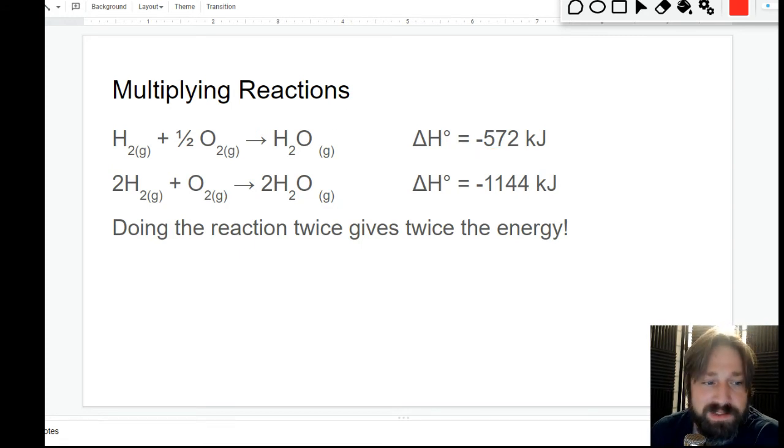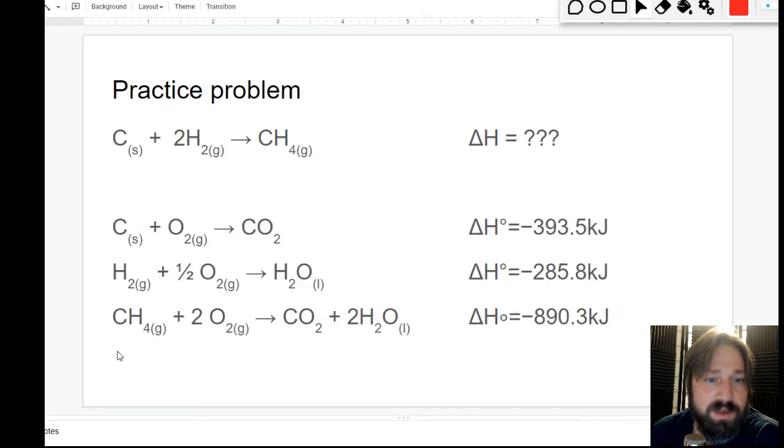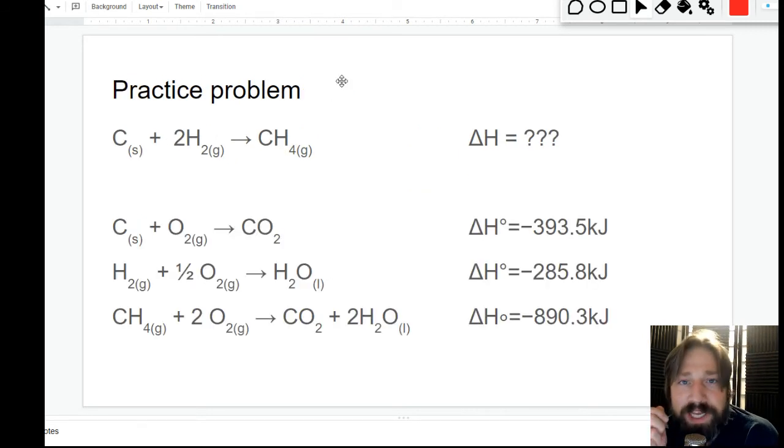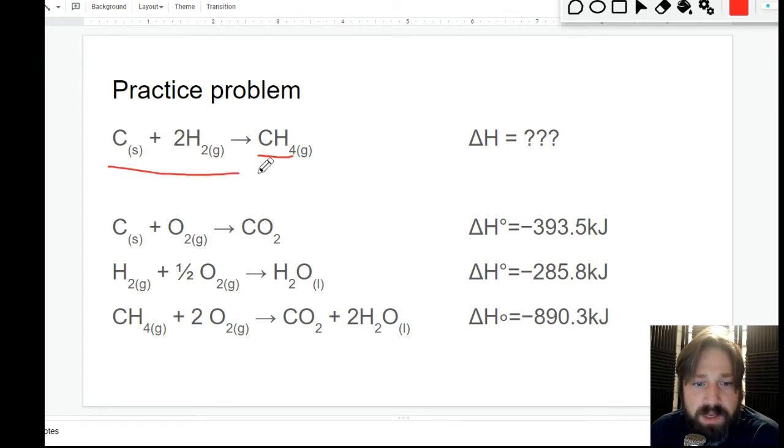Now, with all those 3 rules, we can start to do interesting things. All right. Now, let's say I don't know what the heat of formation is for methane. So we know it's going to be methane. We know it's going to be carbon and hydrogen, H2. And this is going to be my reaction.